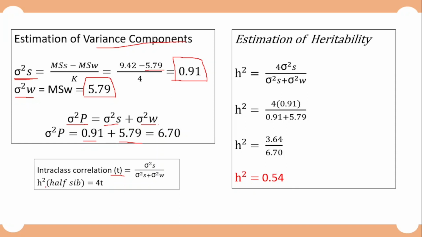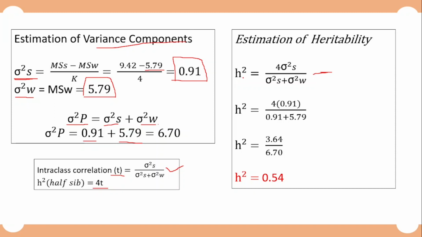If we were using the full sibs, then the heritability would be twice the intra-class correlation. But as we are using data on half sibs, heritability is 4 times the intra-class correlation t. So we will multiply 4 with this formula. Okay, this formula is now here. So I only added 4 to this formula.